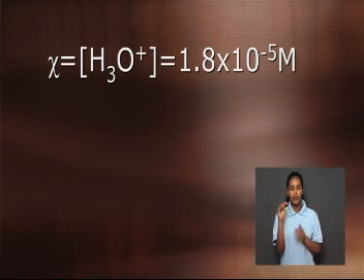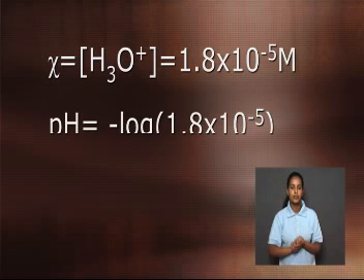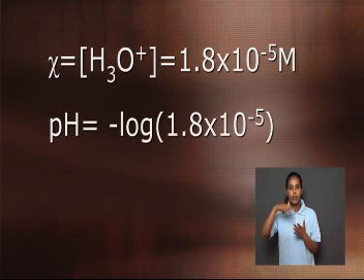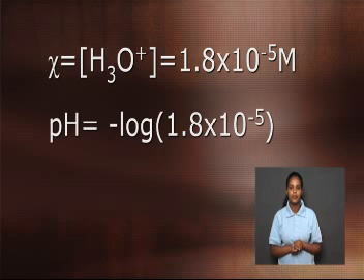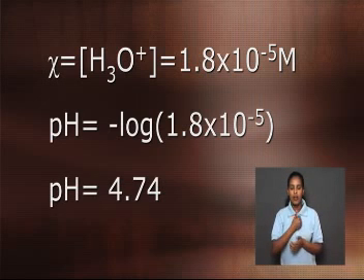X equals hydronium concentration, which is equal to 1.8 times 10 to the power of negative 5 moles per liter. Therefore, the pH is equal to negative log of 1.8 times 10 to the power of negative 5. Our final answer is a pH of 4.74.